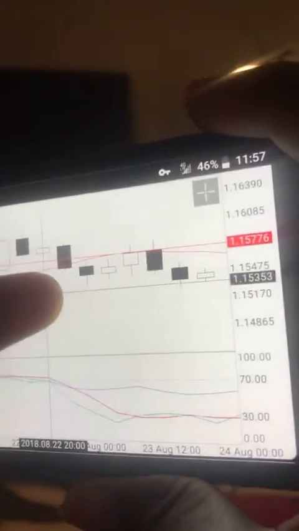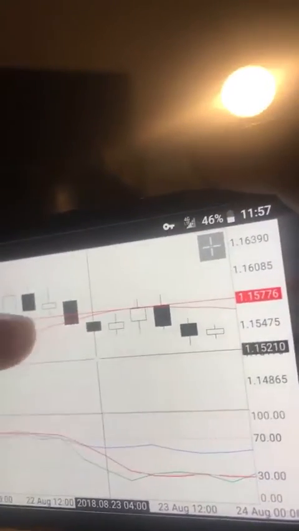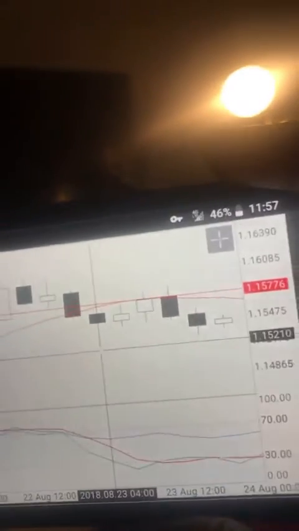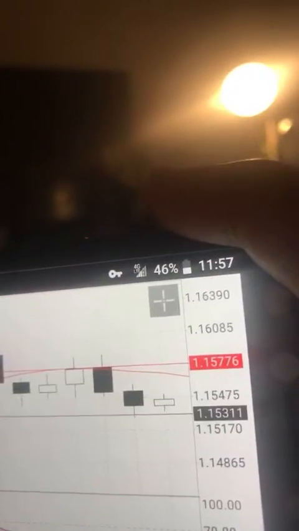Because I mean, you could have come in right here, the next candle back, because you see it's at 115776, but yours is like 115782 or something, right? So that could be right at the tip of that line right there. You see that?